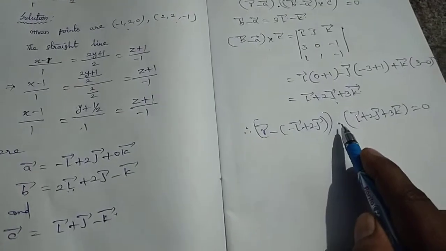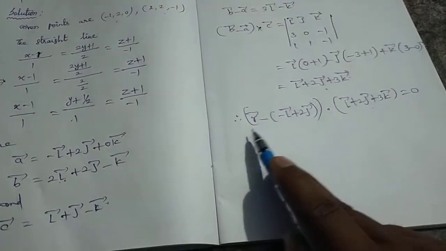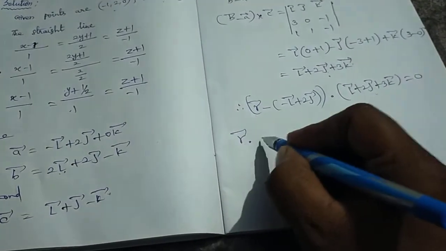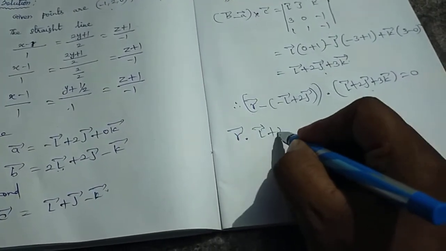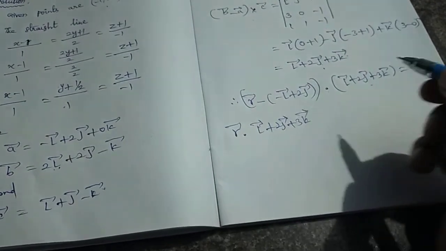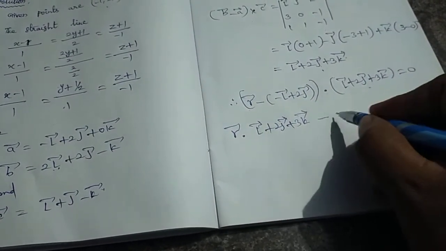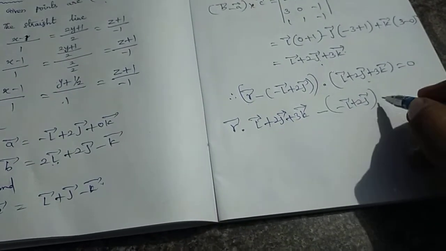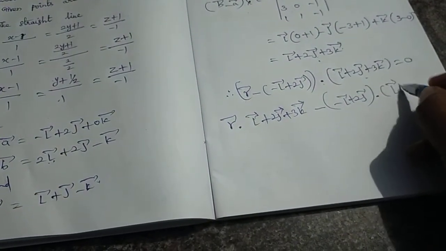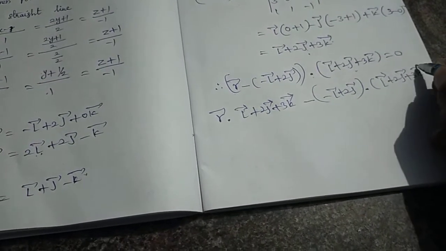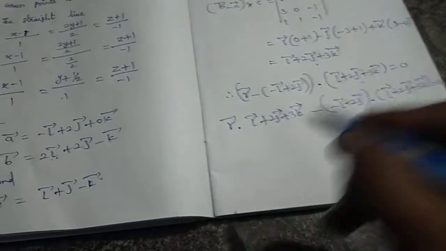Next step, the dot product is multiplied with both the values. So r vector dot (i vector plus 2j vector plus 3k vector) minus (minus i vector plus 2j vector) dot (i vector plus 2j vector plus 3k vector) equals 0.